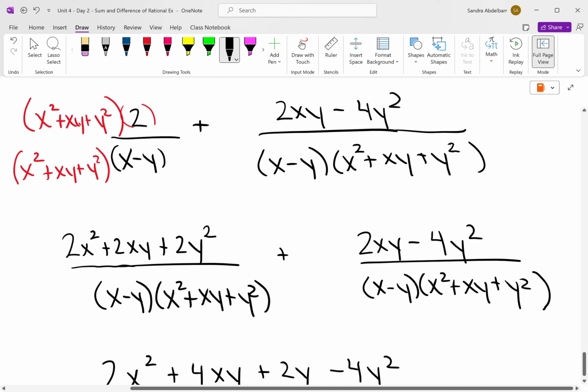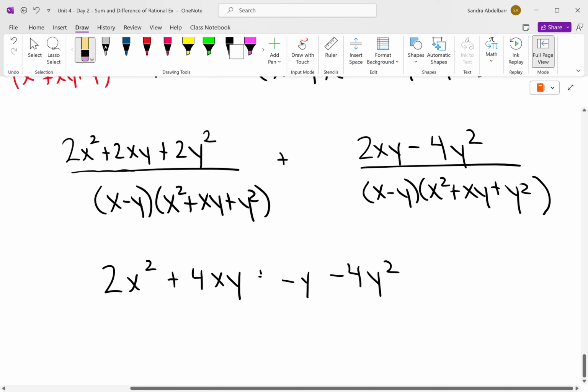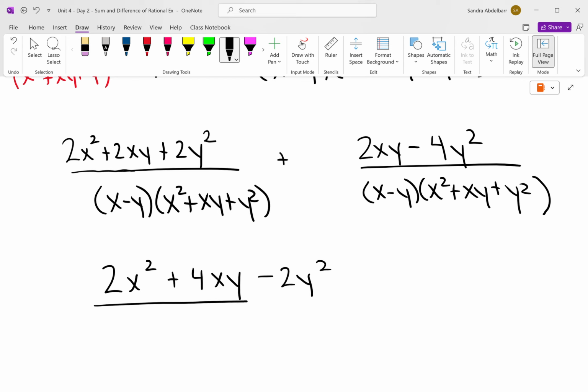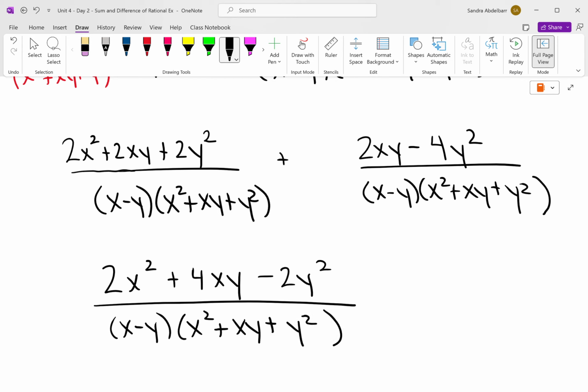Was there supposed to be a squared here? This is supposed to be squared, wasn't it? All right, so that's a 2y squared minus 4y squared, which gives us negative 2y squared. Sorry about that. All over x minus y times the quantity of x squared plus xy plus y squared.